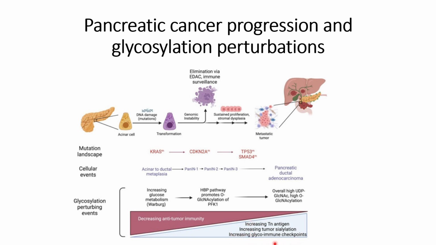One of the glyco-immune checkpoints that we have discussed in one of our videos, in a paper we covered, is about glycan interactions with the selectins on the immune cells, interacting with the ligands on the pancreatic cancer cells, and those ligands are related to the integrin subunit. If you want to refer to that video, you can go to it, or if you want to understand more about pancreatic cancer perturbations and glycosylation perturbations in detail, you can go through the reference provided in the description.